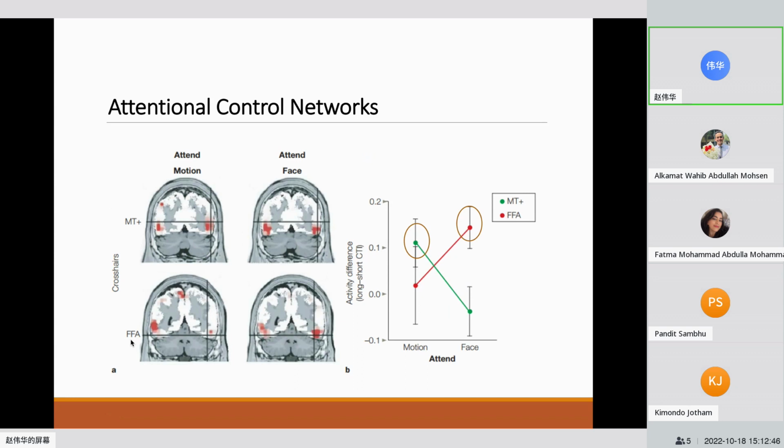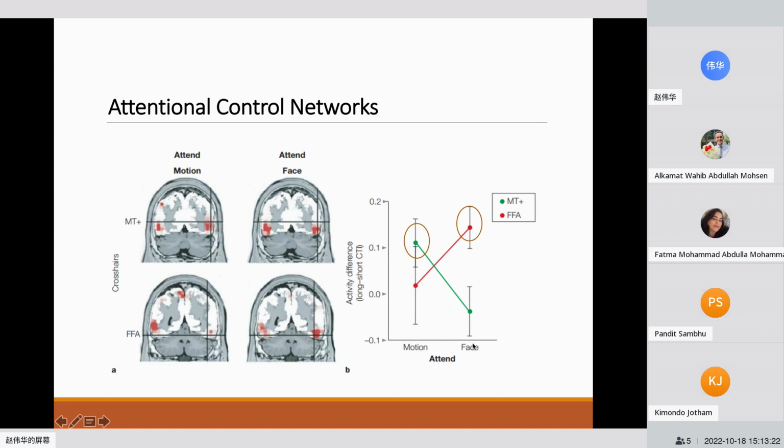This result is very consistent with the previous slides from the animal results. It also showed differential activity in MT plus and FFA when attending to motion and faces. We can see in the orange circles, when they attend to motion, the activity of MT plus is greater than FFA.